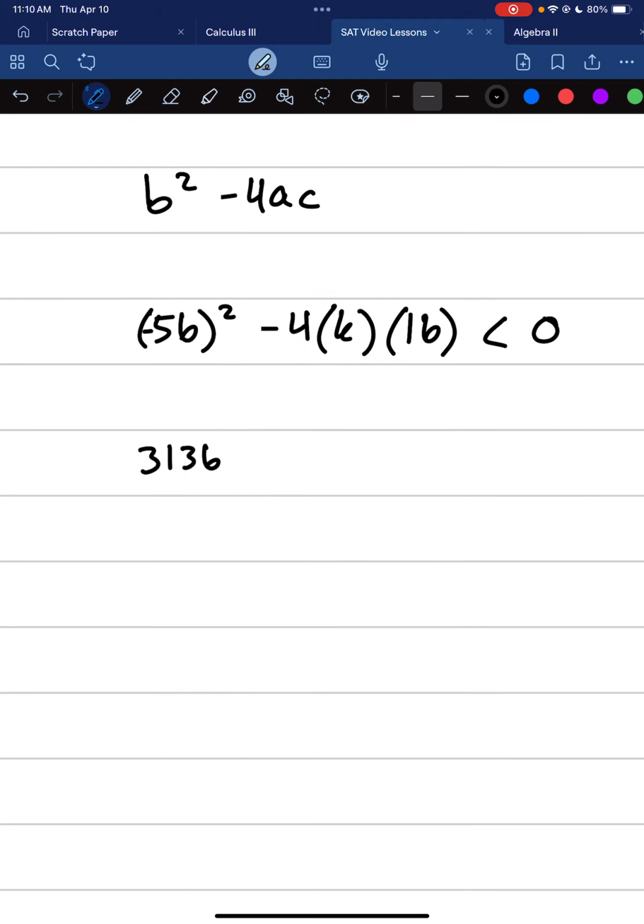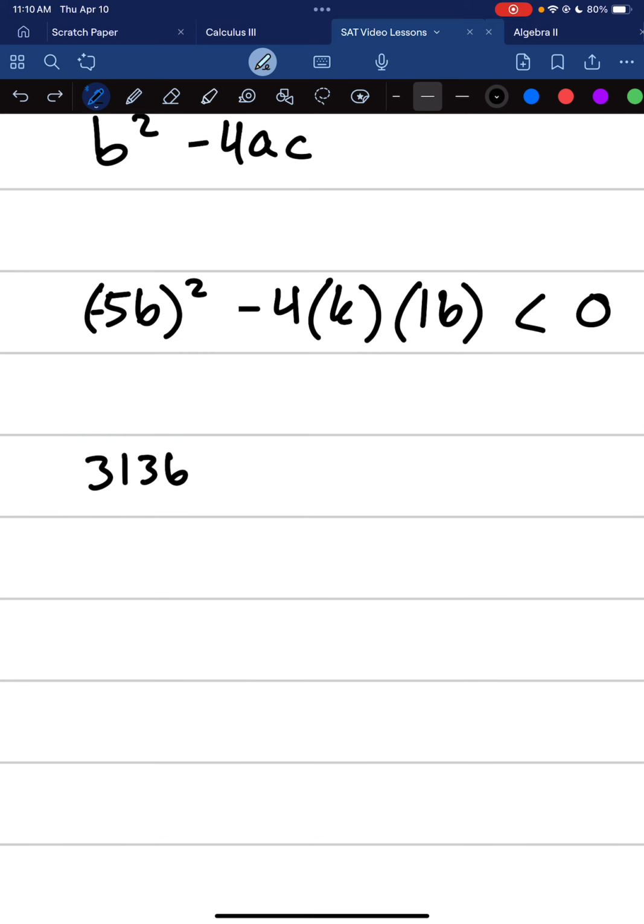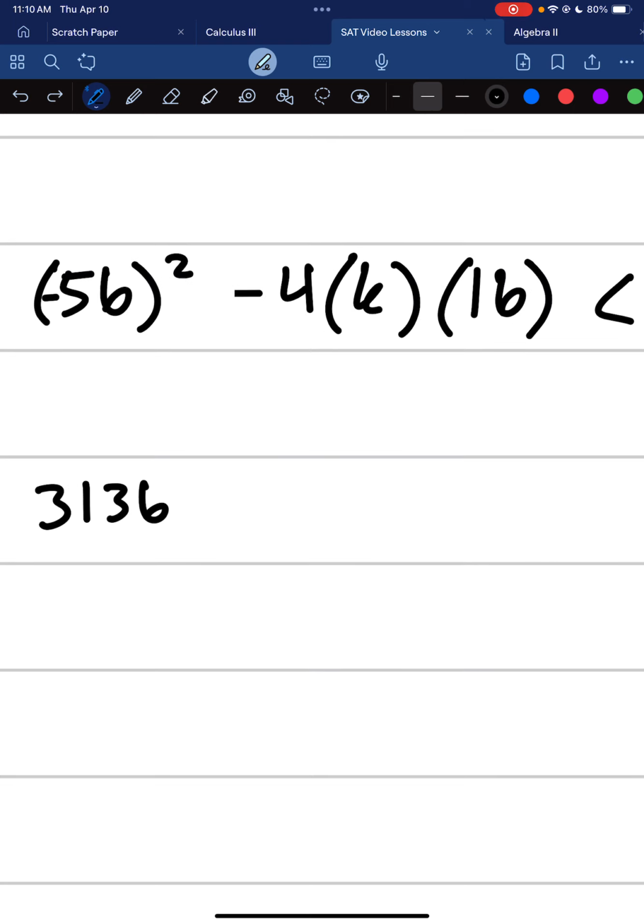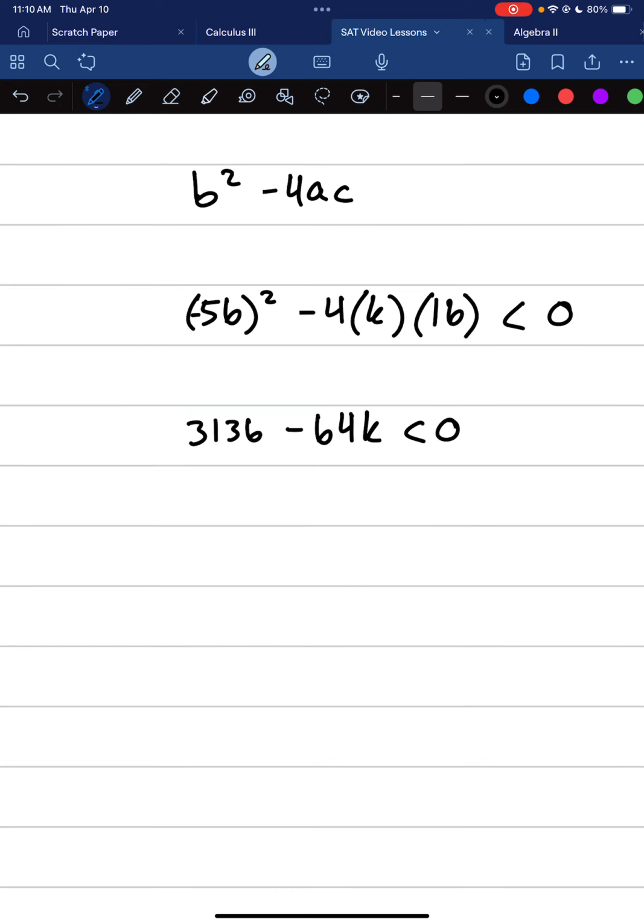And it's -56 squared, but even though it's negative, the negative sign is going to cancel out, so we're going to end up with positive 3,136. And then -4 times 16 is going to be -64. So on this side, we're going to end up with -64k, and that is going to be less than 0.